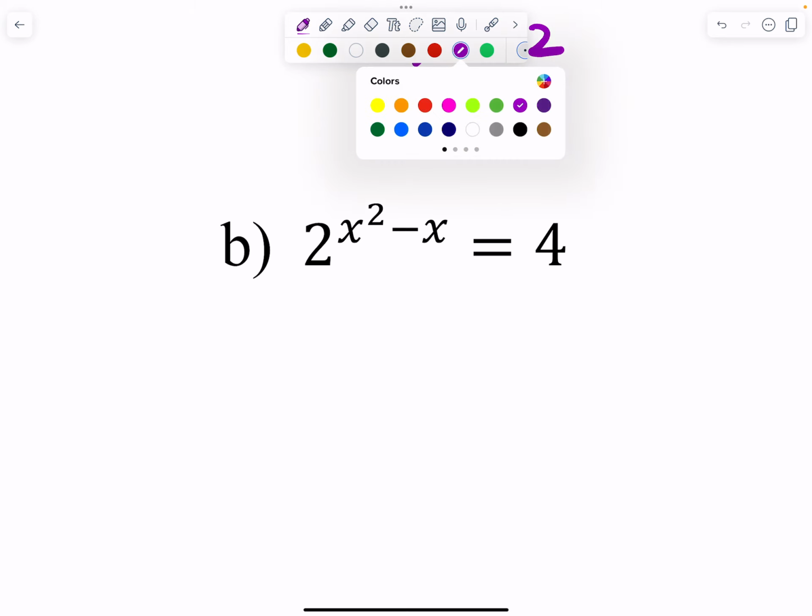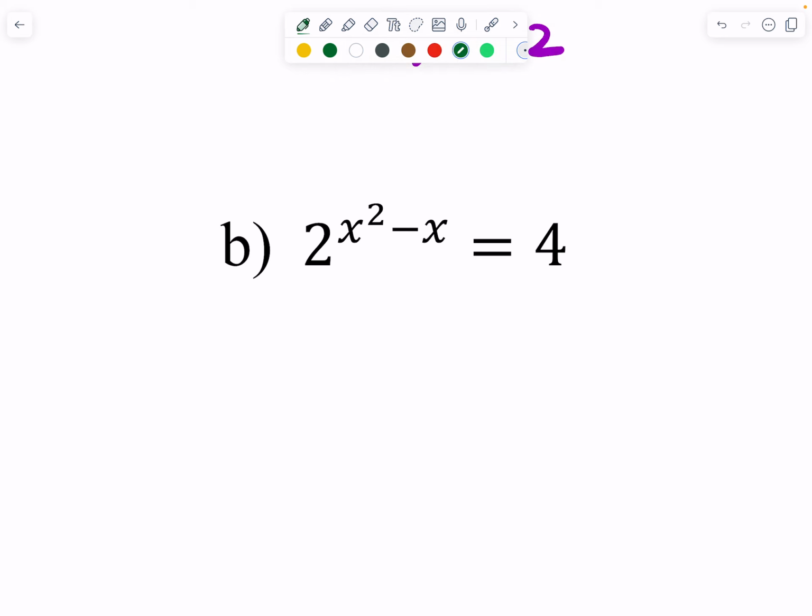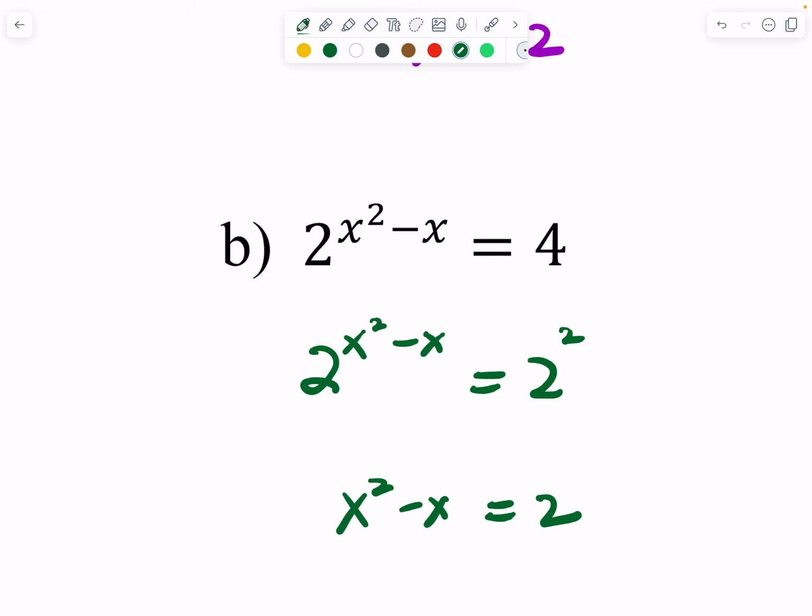Now, there are other ways that you could approach solving this equation that we'll talk about in a couple minutes, but it's oftentimes the most efficient to ask, can I rewrite this really quickly in order to apply the one-to-one property? And for this equation in particular, yes, we can. So we can rewrite this as 2 to the x squared minus x equals 2 squared, where then we can say, okay, well, x squared minus x is equal to 2.